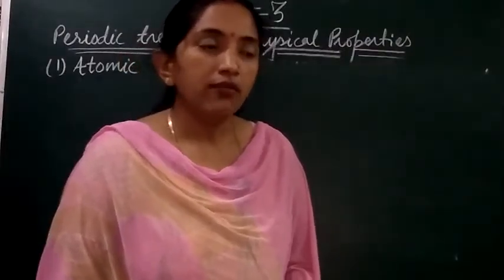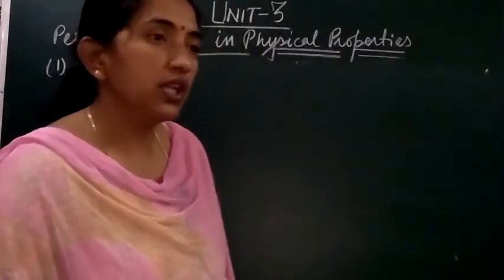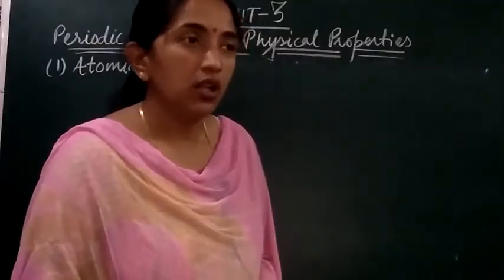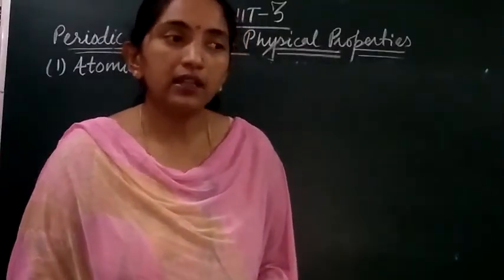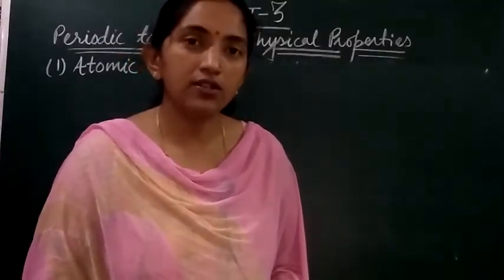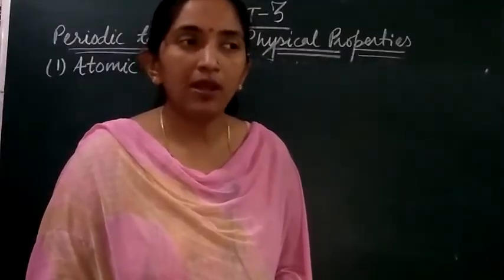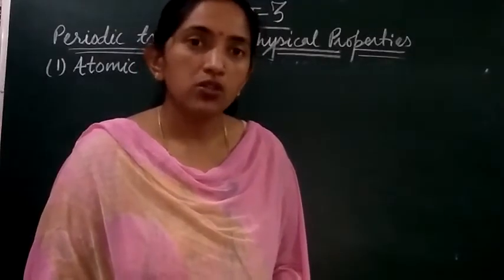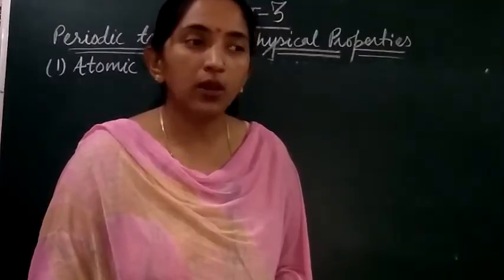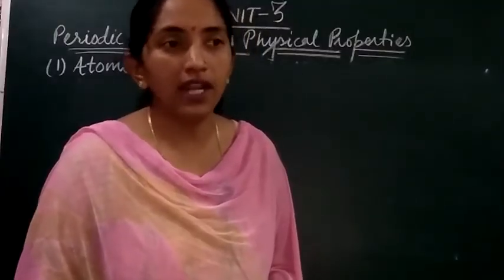But if we go through the wave mechanical model, it says that the atom cannot have a rigid boundary. If we see the probability boundary diagram also, there is no rigid or well-defined boundary of an atom.